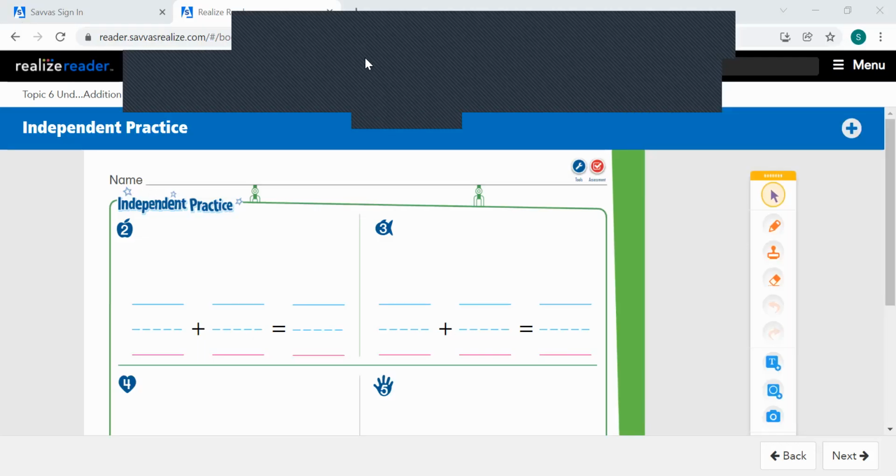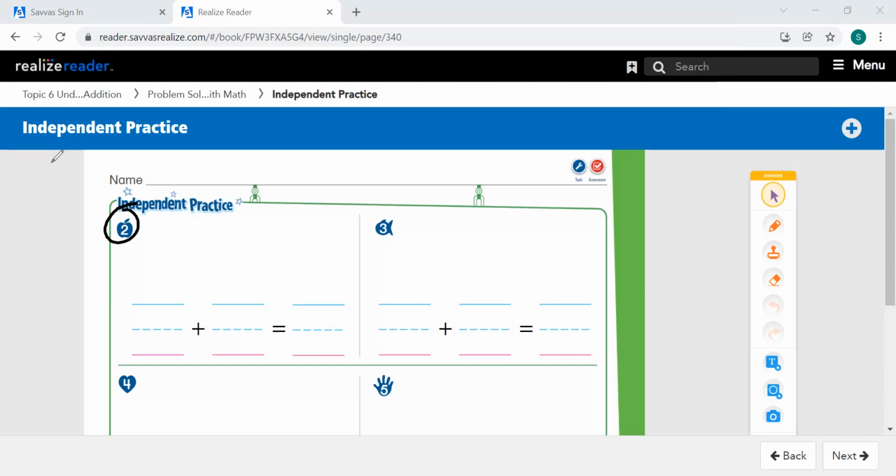All right, we're at our independent practice. We're at number 2. Let's do the second one together, and then you can continue on your own. So what you're going to do is you're going to listen to each story and then draw a picture to model what is happening.